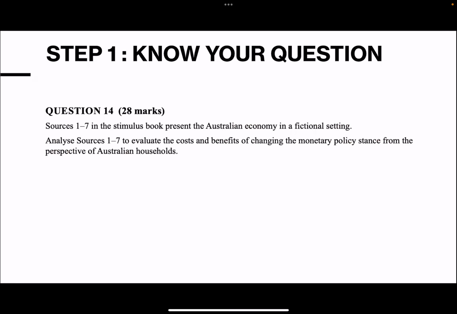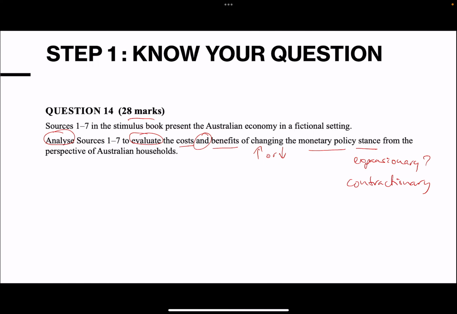Step 1, know your question. So let's look at it again. It's worth 28 marks. Analyse, evaluate costs and benefits of up or down monetary policy stance. So are we going to go expansionary? Let's get some language in. Or are we going to think contractionary?